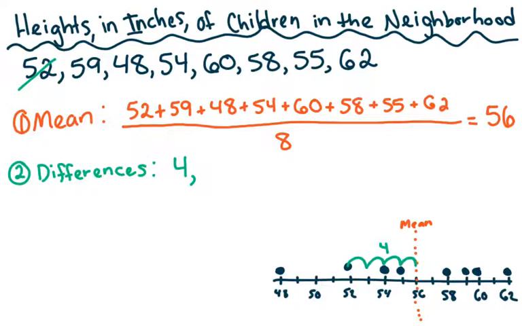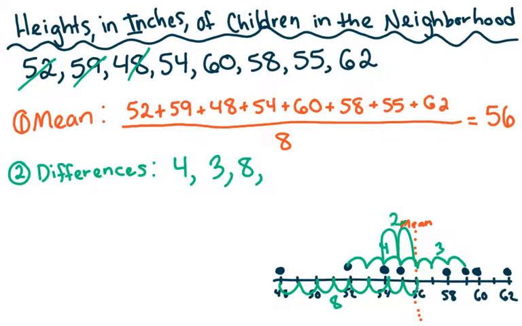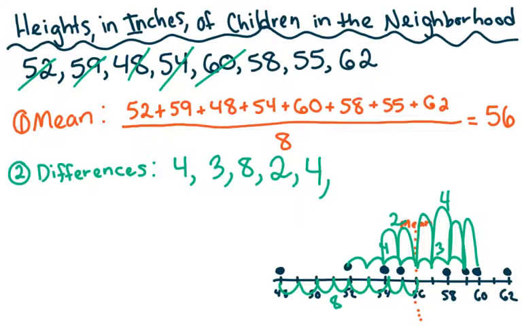59, which is 1, 2, 3 away from the mean. 48, which is 1, 2, 3, 4, 5, 6, 7, 8 away from the mean. 54, which is 1, 2 away from the mean. 60, which is 1, 2, 3, 4 away from the mean. 58, which is 1, 2 away from the mean. 55, which is just 1 away from the mean.